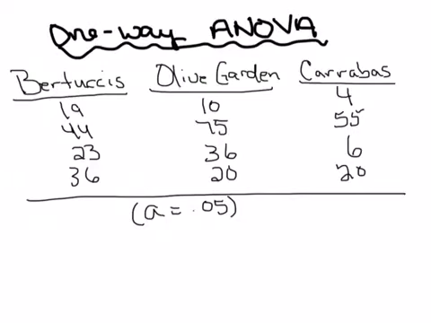I have chosen the top 4 most popular foods from the lunch menu at each of the 3 restaurants and recorded their number of fat grams. These are at Bertucci's, Olive Garden, and Carrabba's.